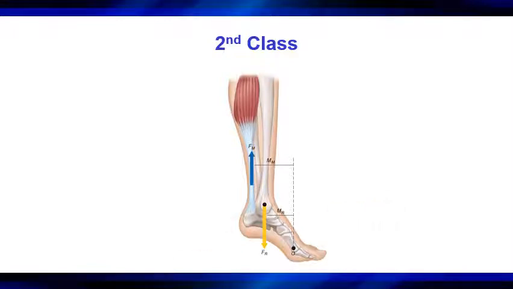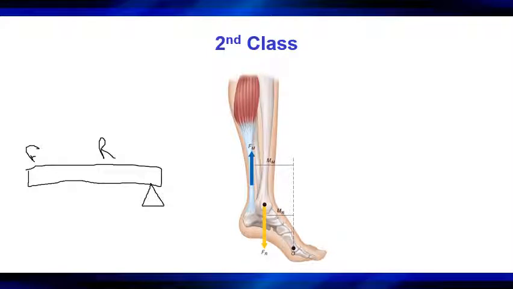Now again, let's look at this. Here's what we looked at in the previous slide with a second-class lever. This might help make a little more sense of this. Here's your force, here's your resistance, here's your axis. Force, resistance, axis.